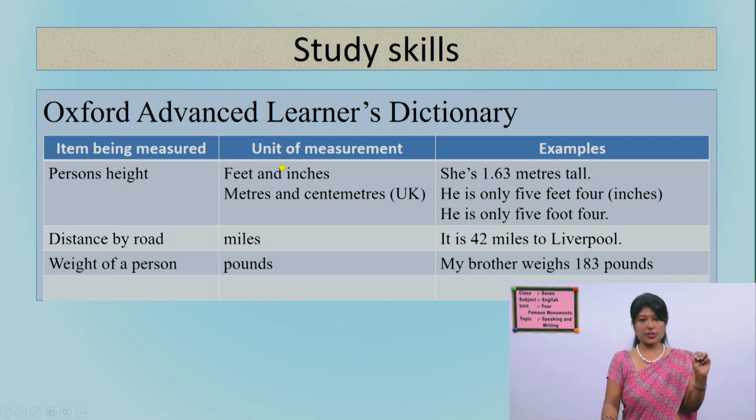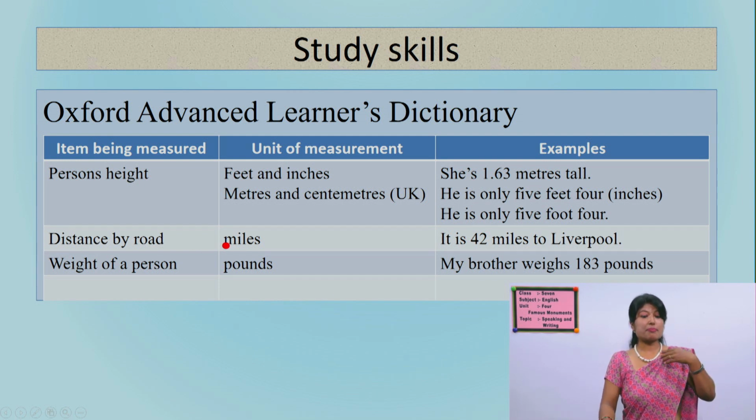Person's height: we can measure it in feet and inches or meters or centimeters in the UK. They say, she is 1.63 meters tall. He is only 5 feet 4 inches. He is only 5 foot 4. These are the ways they say it.